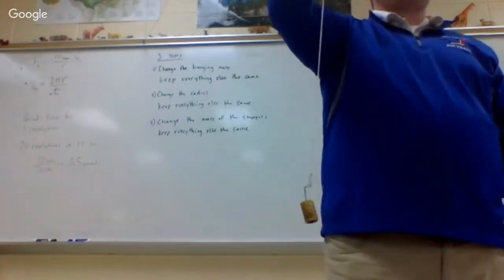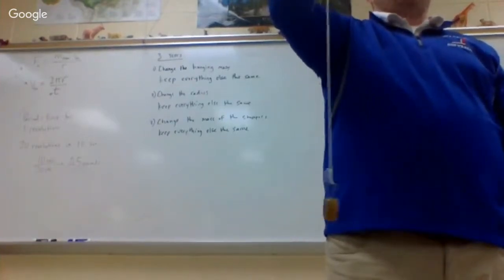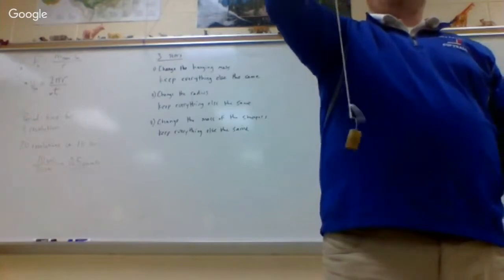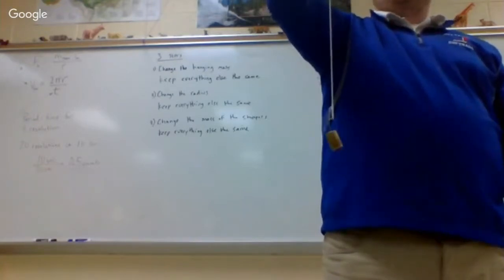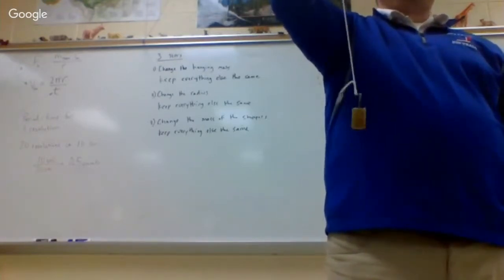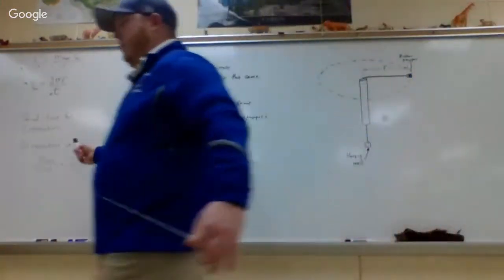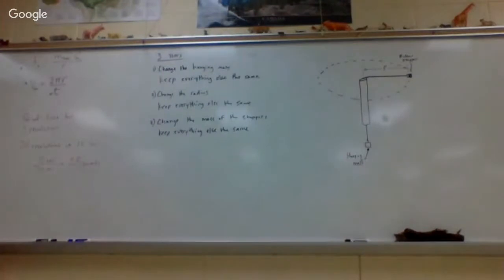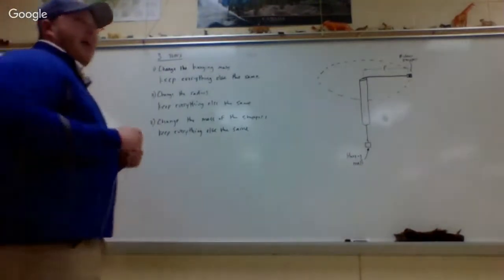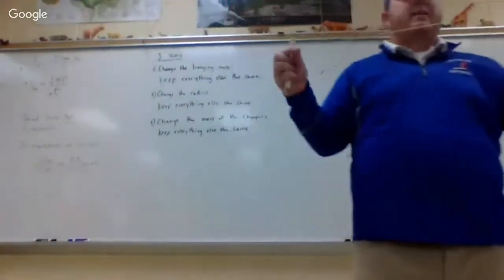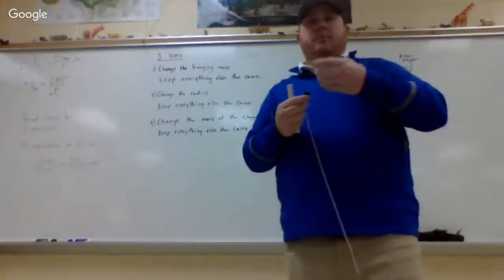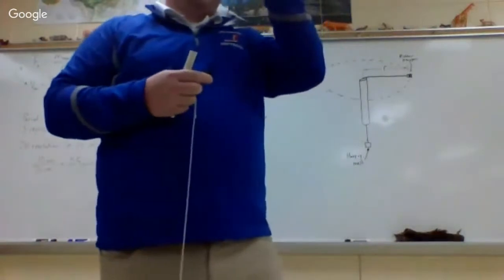It's going to take some practice to figure this out. You don't want it to go down, you don't want it to rise up, you just want it at that sweet spot. We're going to do three different tests. We are going to look at how the radius affects the centripetal force, which is holding the weight.